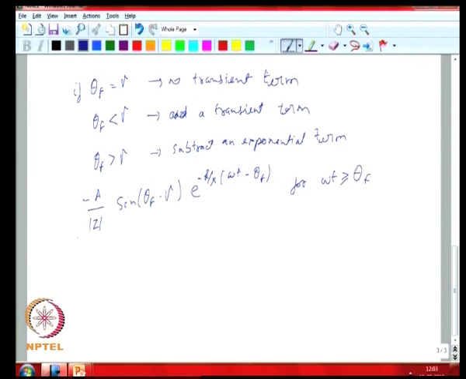If you take this particular term as k, we can see that k would have a maximum value when theta f minus gamma is equal to minus pi by 2, because you have a minus term over there.